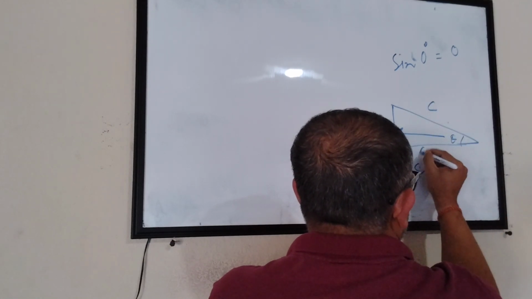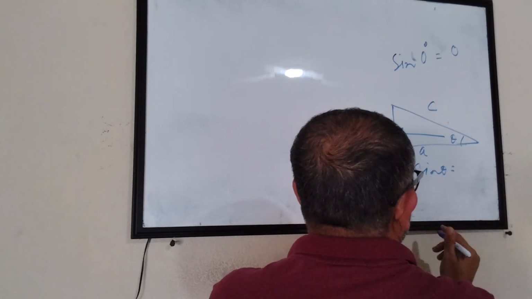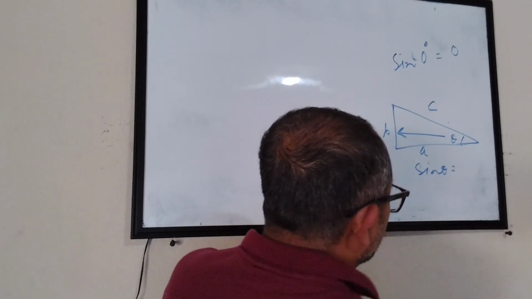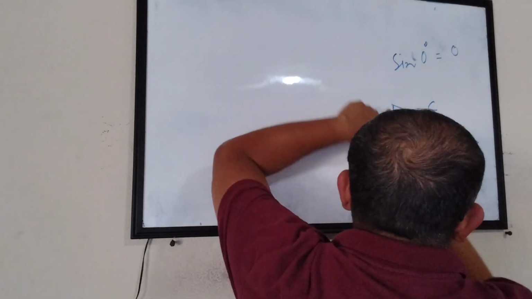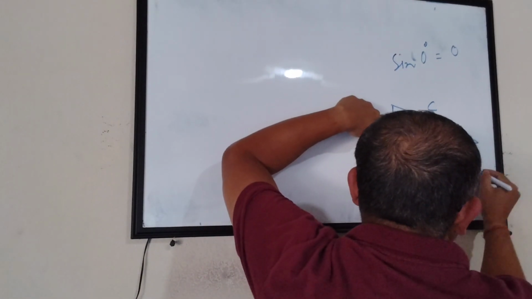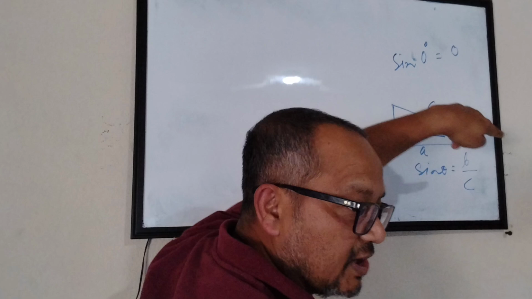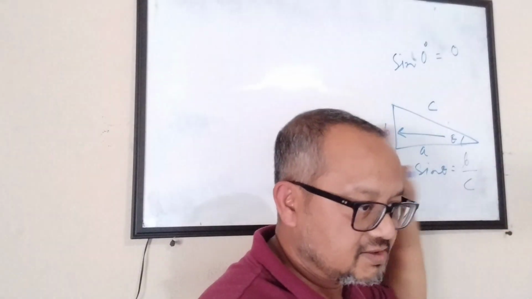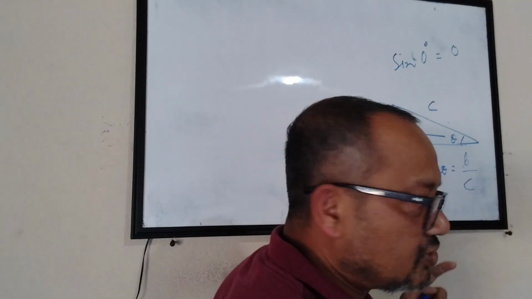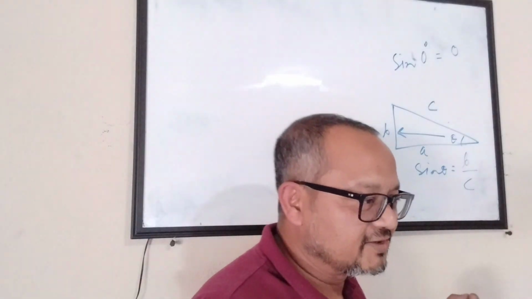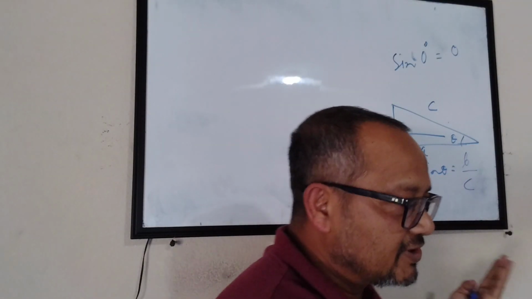Let's say this is A, this is B, and this is C. So sine theta equals the side opposite divided by hypotenuse. This part everybody knows, right? Whichever way you remember it.